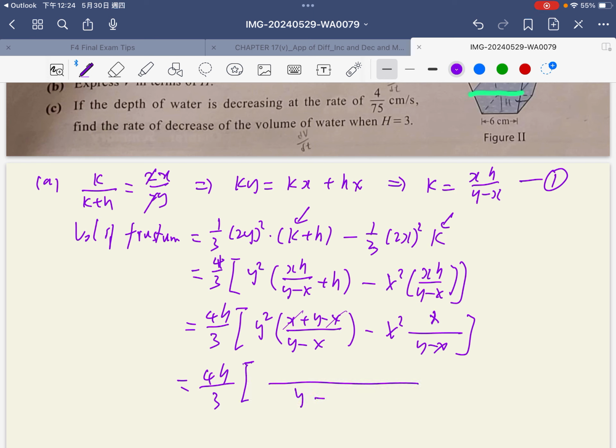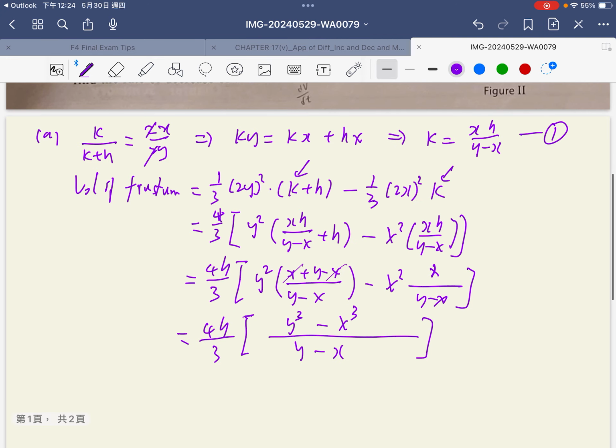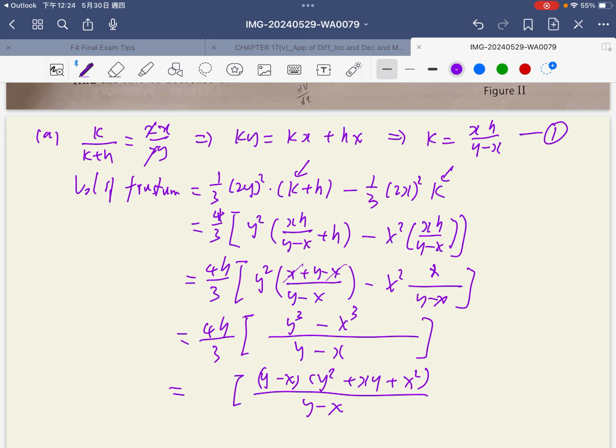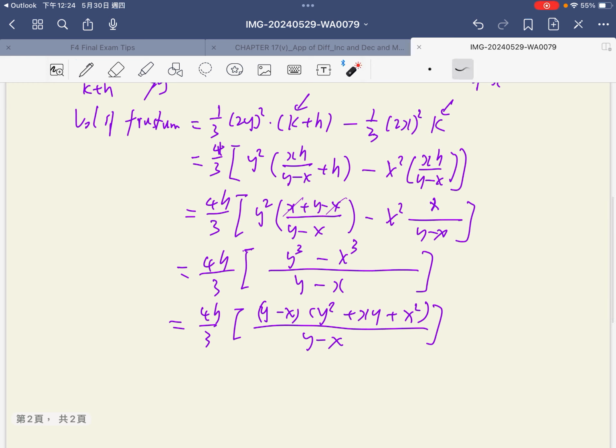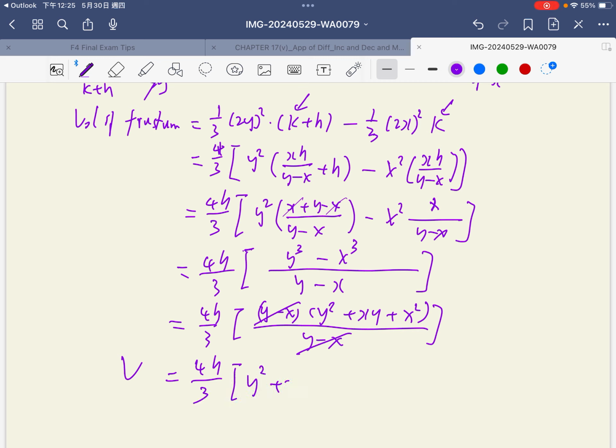The denominator is y minus x, and the numerator is y to the power 3 minus x to the power 3. Factorize the numerator: y minus x times y squared plus xy plus x squared. Then cancel the common factor of numerator and denominator, and we get the final answer for question 1.